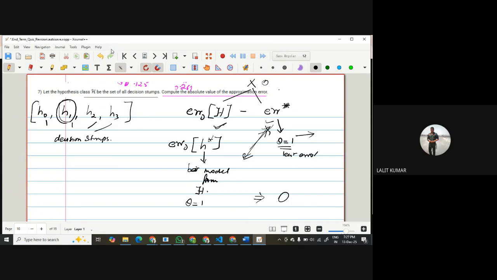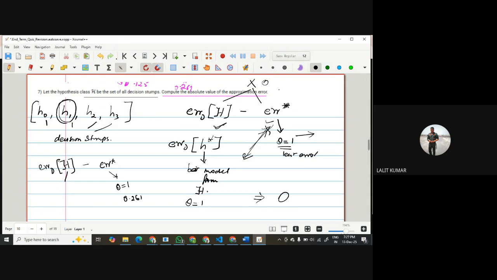Okay. Your approximation error is the error of your best model from your hypothesis class, minus the error of the Bayes model, error star. For the Bayes model, we already obtained theta was 1 and the error was 0.261.